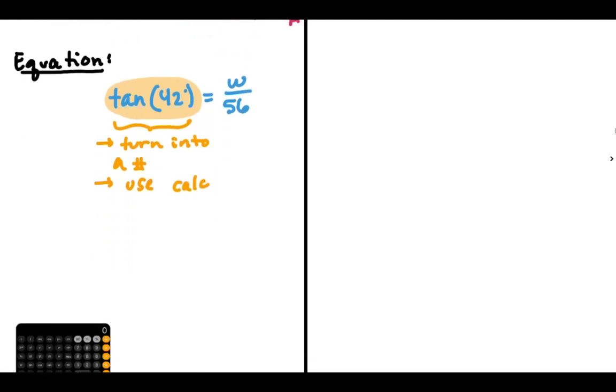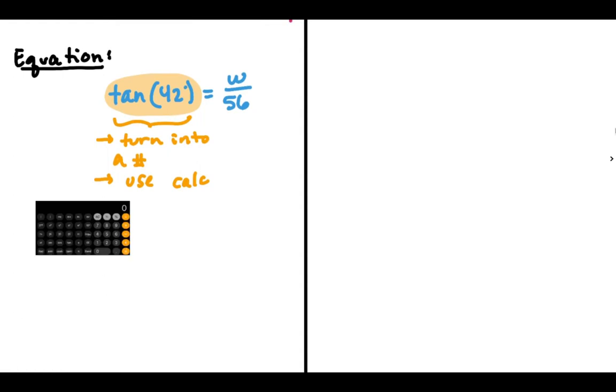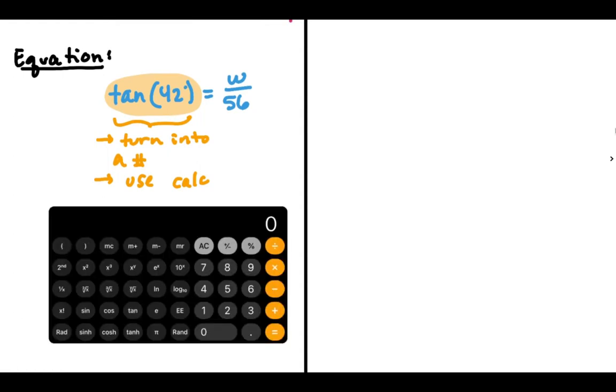So I have the little image of the calculator again to help us remember. So to do tangent of 42 on a calculator, we're going to punch in the number 42, and then we're going to find the button for tangent. Here's all the trig buttons right here, sine, cosine, tangent. We want tangent, so we're then going to hit that button right there.